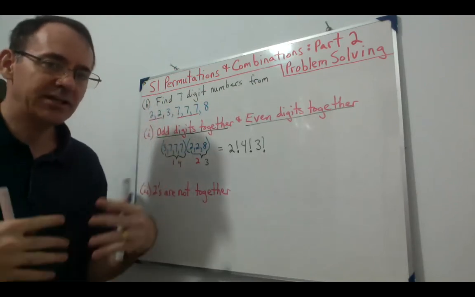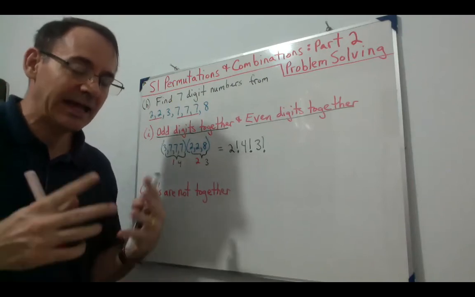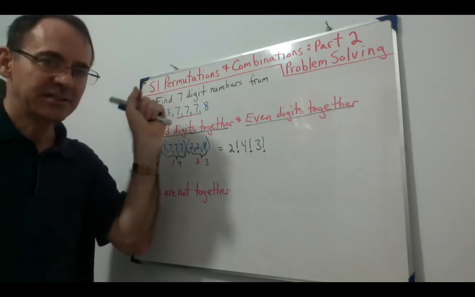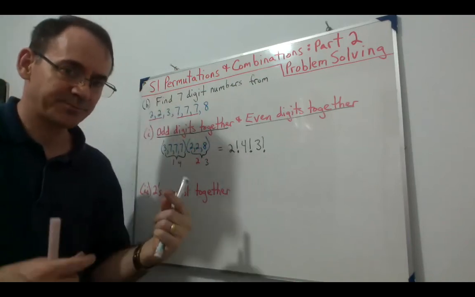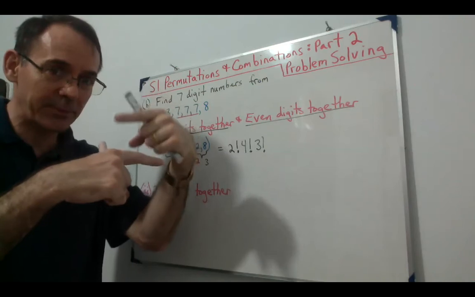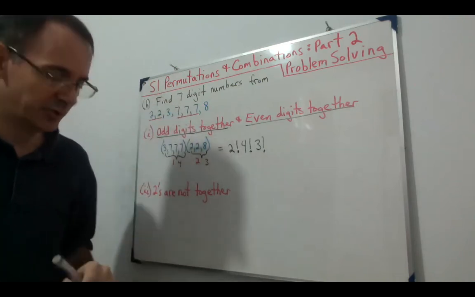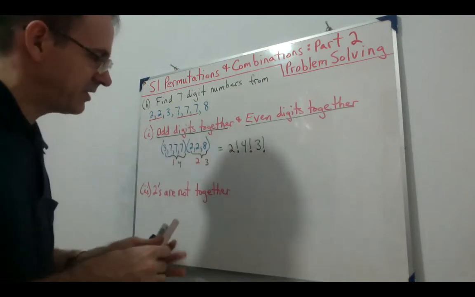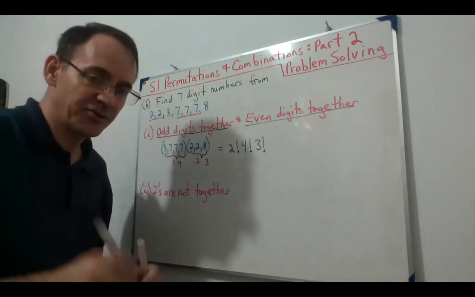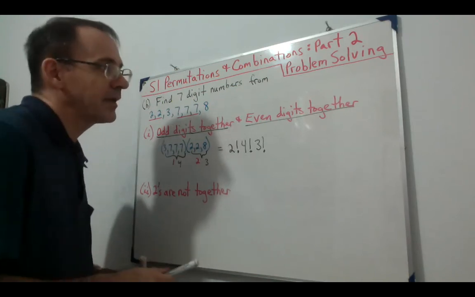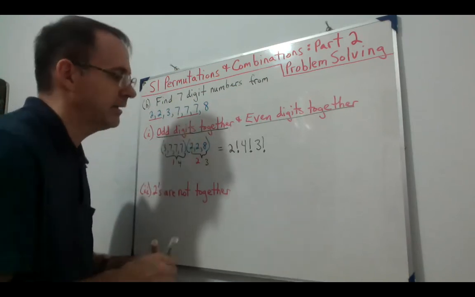So we need to get rid of these identical arrangements so that we have distinct 7-digit numbers. In other words, we don't want to see the same number that looks the same, just with the 7s switching place or the 2s switching place. So we have to take care of the identicals. Don't forget that. I mentioned that a lot of students forget that in the problem solving part.